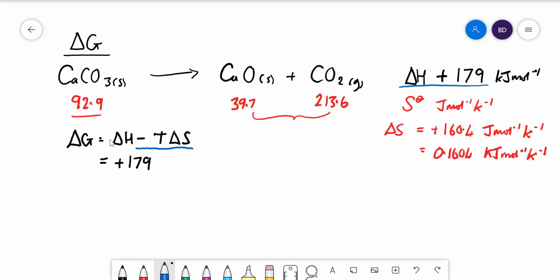I'll do that in blue. So that is going to be minus 298 multiplied by 0.1604, which is equal to 47.8.